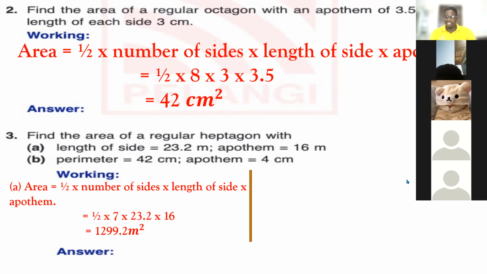Then 1/2 times 7 times 6 times 4. Where are you getting 8 from? Oh no, 7, I'm wrong. Anyways, what you're doing is still correct, Bass, but it is kind of lengthy. You're going round and round. You can use the second formula. What's the second formula? I don't know. The second formula says 1/2 multiplied by the perimeter multiplied by the apothem.